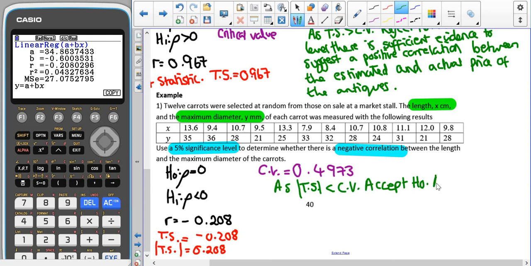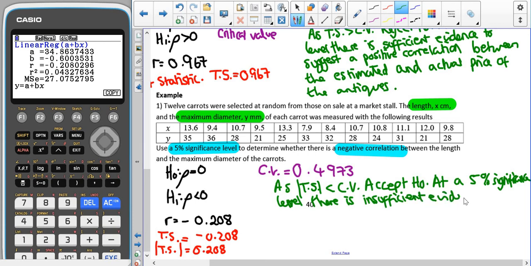We still state what significance level we use, so at a 5% significance level, there is, and this time we say insufficient evidence to suggest, and we still write about what our H1 means. So to suggest a negative correlation.